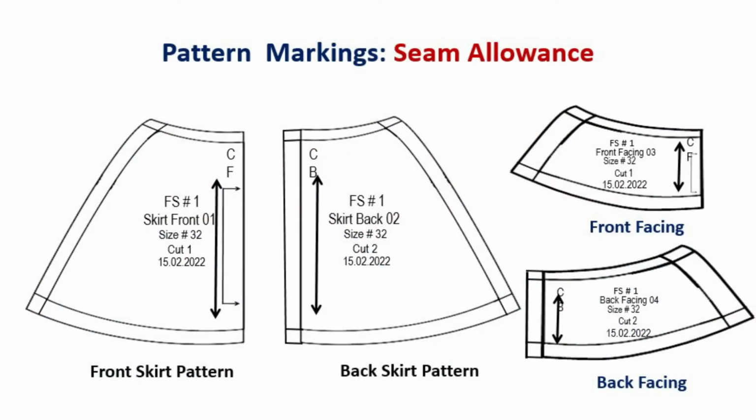Another very important marking is that of the seam allowance. It is marked outside of the pattern outline by adding the required margin for stitching the garment. In commercial patterns, the seam lines or stitching lines are usually marked as dashed lines.